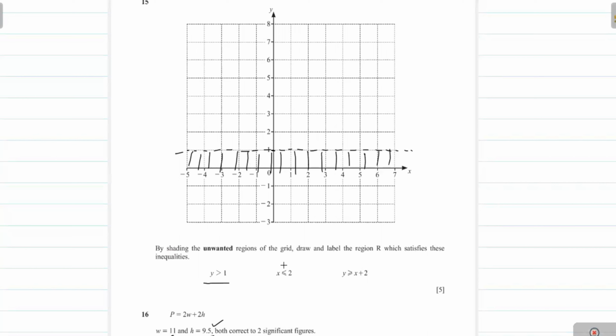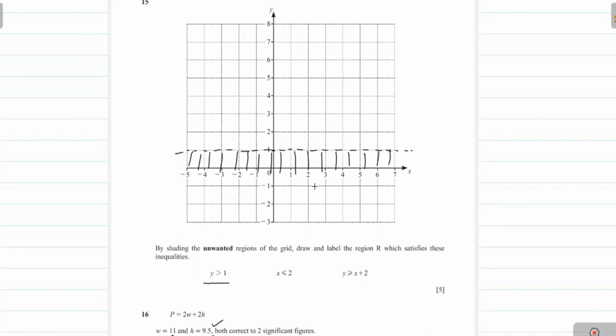The next is x is less than or equal to 2, and this is the line where x equals 2. We will draw this line x equal to 2. This is the line x equal to 2, and the region is x less than or equal to 2.